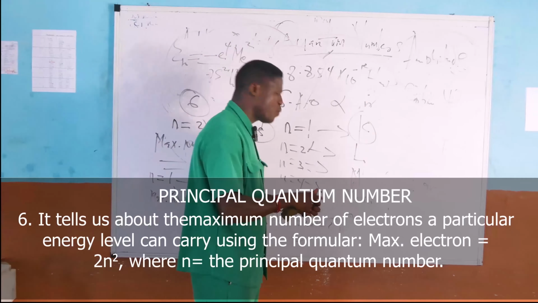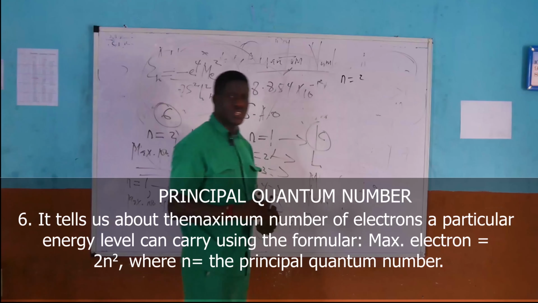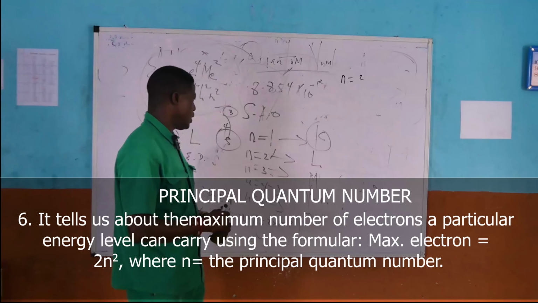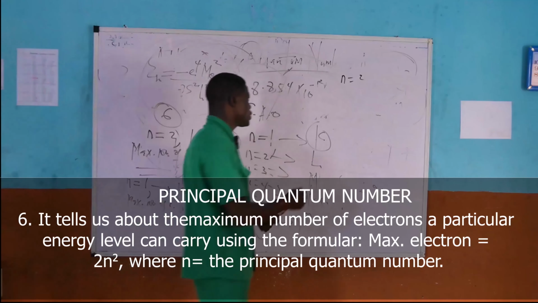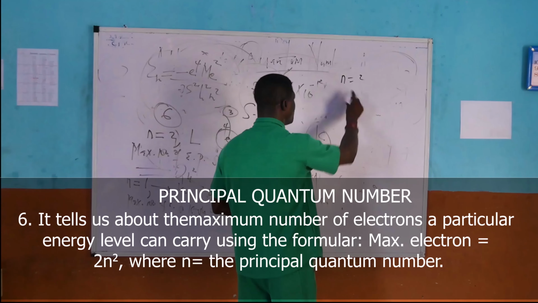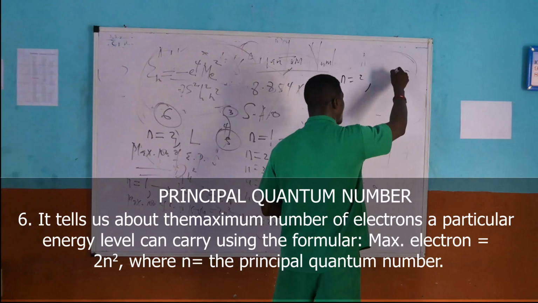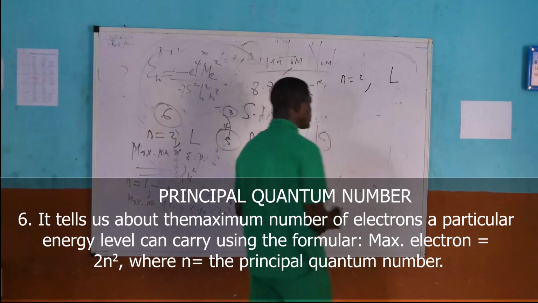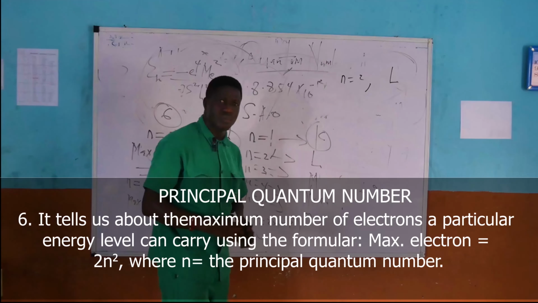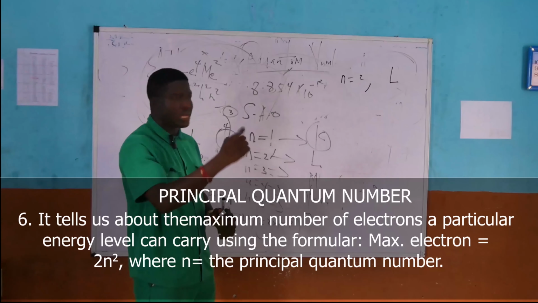What about a principal quantum number of n equals 2? What shell does it correspond with? Of course, it corresponds with the L shell, which is called the principal or major energy level. For a principal quantum number of 2, you will have the L shell. The question is, what is the maximum number of electrons that the L shell can accommodate?